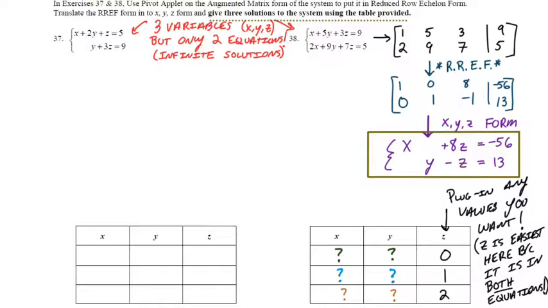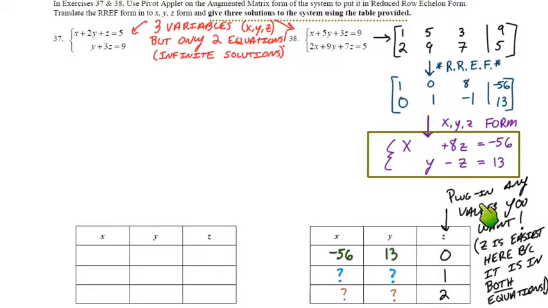For example, if you plug in 0 for z, right? Plug a 0 in right here. Well, y minus 0 is 13. Plug a 0 in for z here. X plus 0 is negative 56. So that would be one ordered triple. That's one solution. How about plugging 1 in for z?